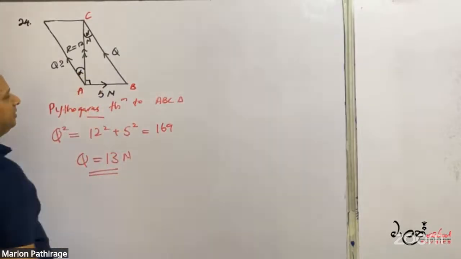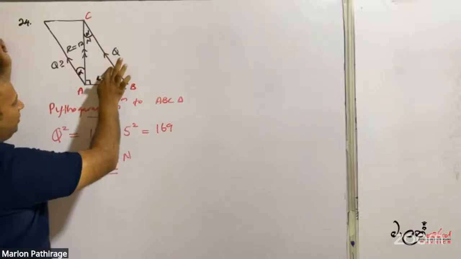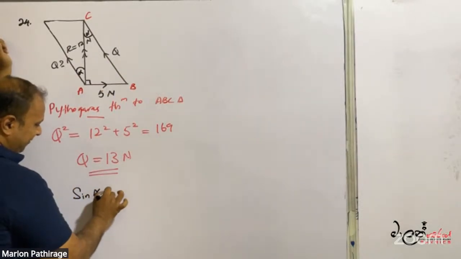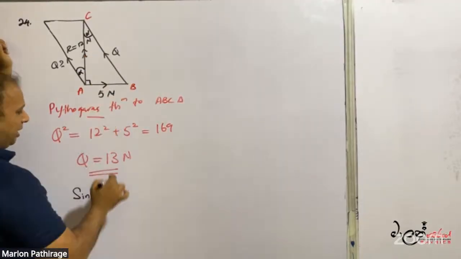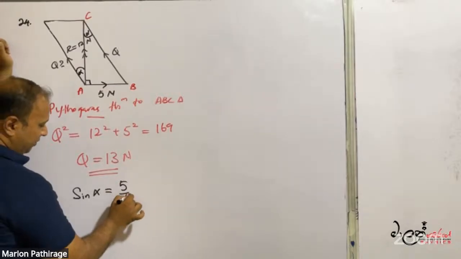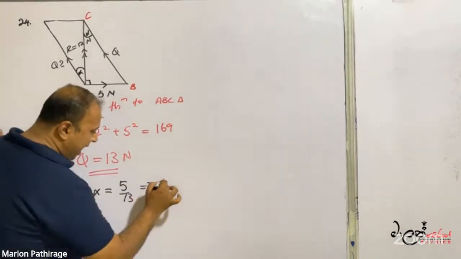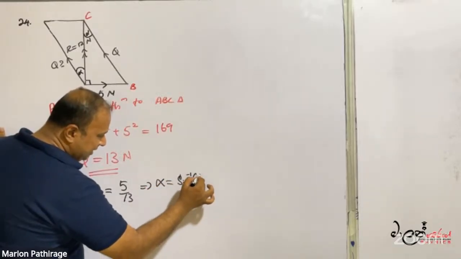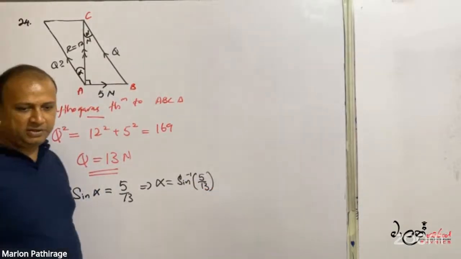Sin alpha is equal to opposite side over hypotenuse, 5 over 13. Therefore, alpha is equal to sin inverse 5 over 13.